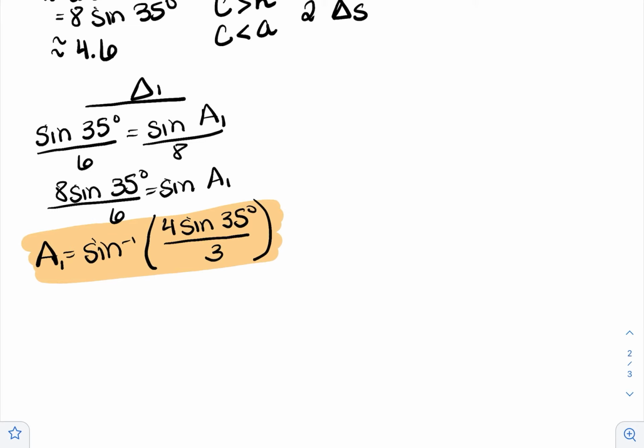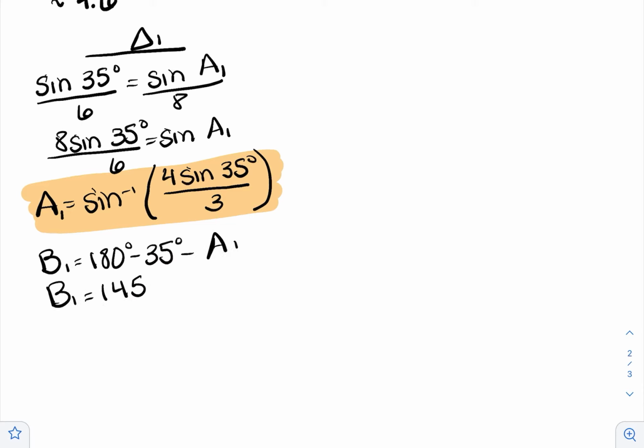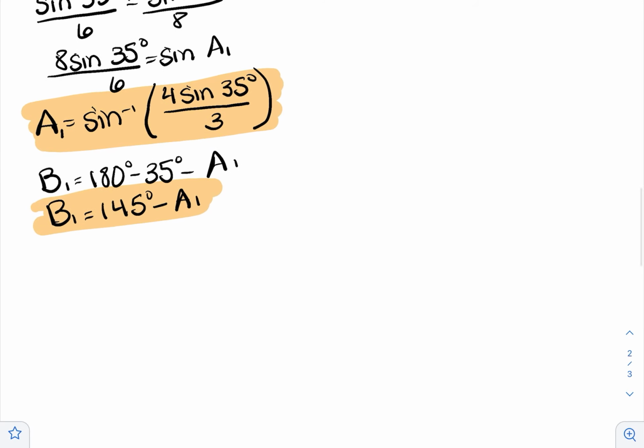Okay, next I'm going to solve for the last angle, which is always the easiest. So B1 is 180 minus 35 minus A1, which means that B1 is 145 degrees minus A1. Done. And last, I solve for the missing side, which is little b.